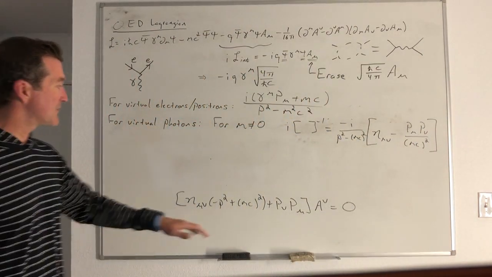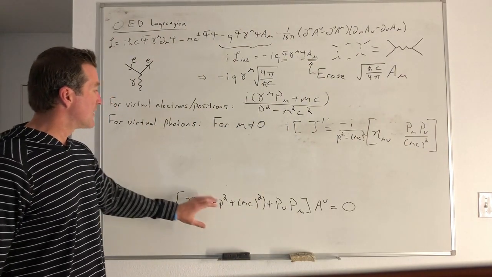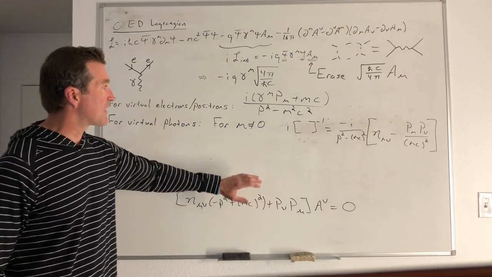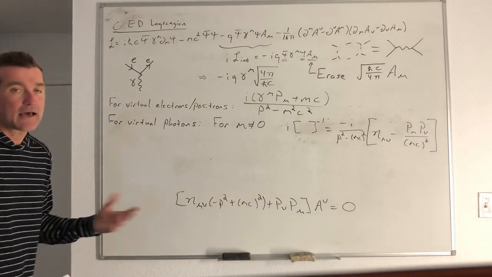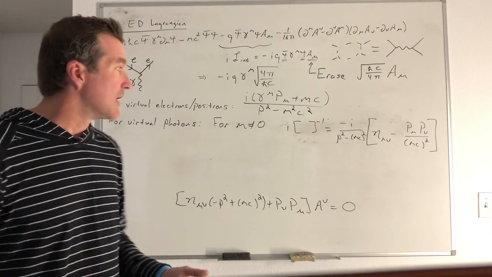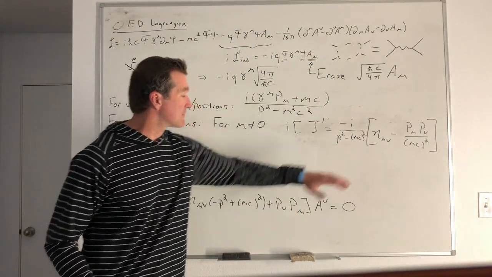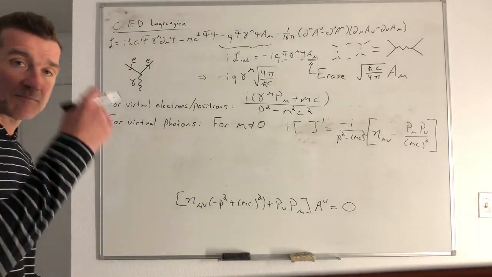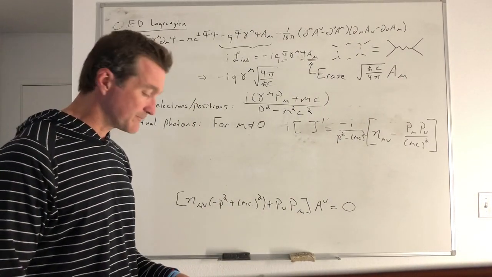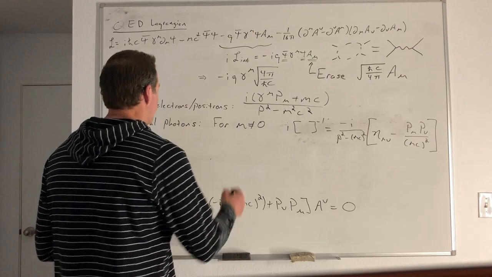Okay? So if you have mass being non-zero, then you want to take the inverse of what's in the brackets here and multiply it by i, and that's the result. It's not obvious that that's the result, but you can prove it by taking this and multiplying it by this and showing that it gives you the identity in space-time matrix. Okay?